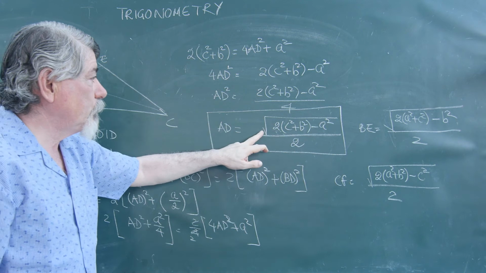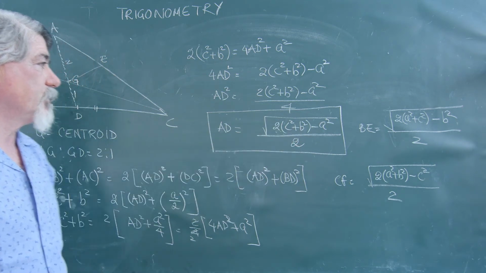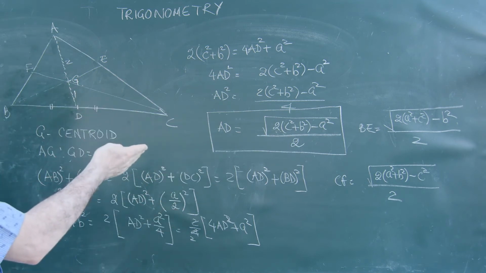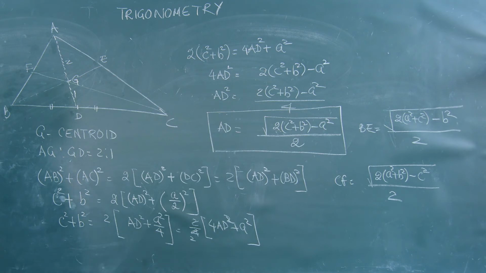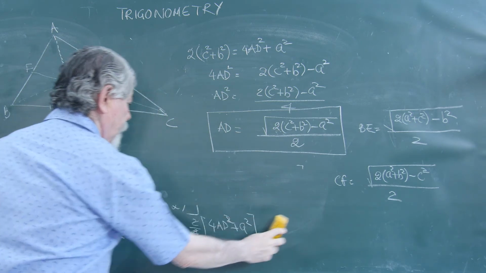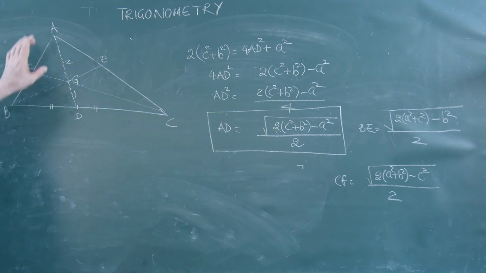AD is equal to under root 2 C square plus B square minus A square upon 2. Similarly, on the basis of this, I have written the values of BE and CF also. Now suppose I want to calculate the value of AG.